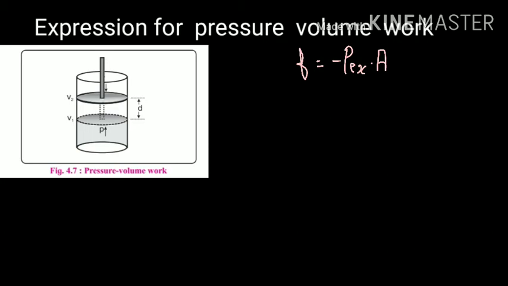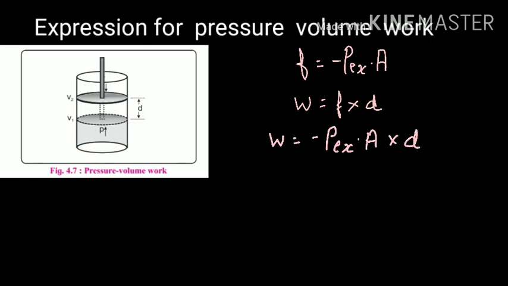Since there is work done here, we will write the formula of work, that is work is equal to force into displacement, that is W is equal to F into D. But if we substitute the value of F in the above equation, then the equation becomes W is equal to minus P external, that is external pressure, into A into D. But the product of area and distance is the change in volume, which means delta V is equal to A into D, where A is the area and D is the distance.